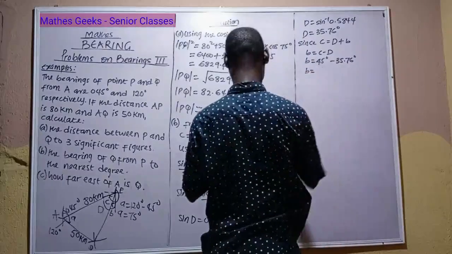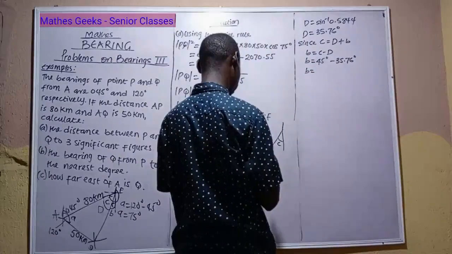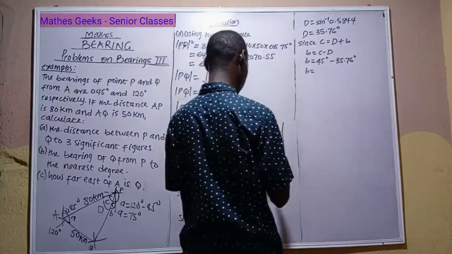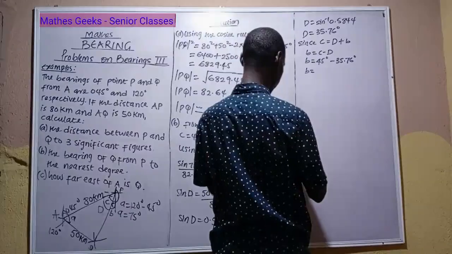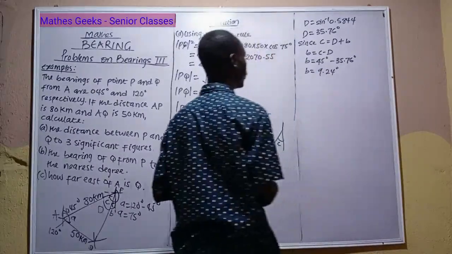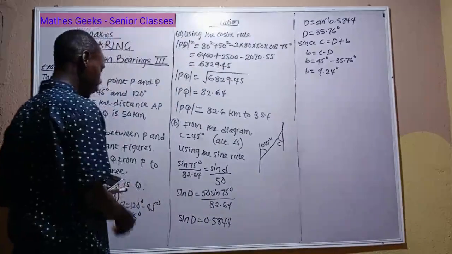B is equal to 45 minus 35.76, which gives us 9.24 degrees. So B is equal to 9.24 degrees.